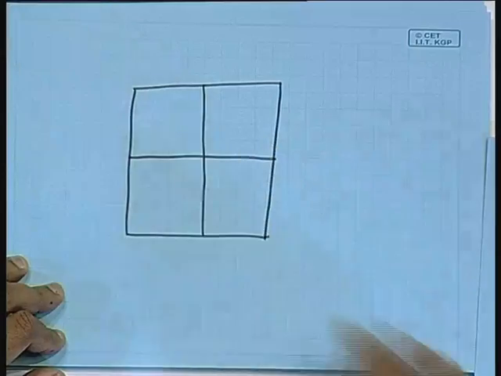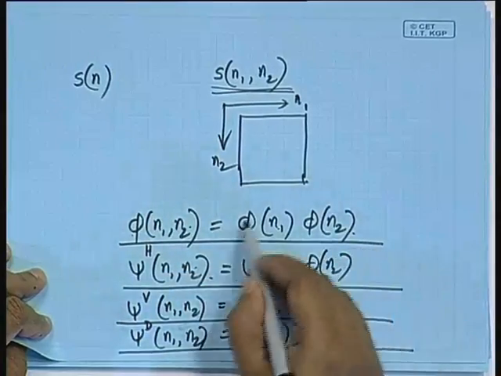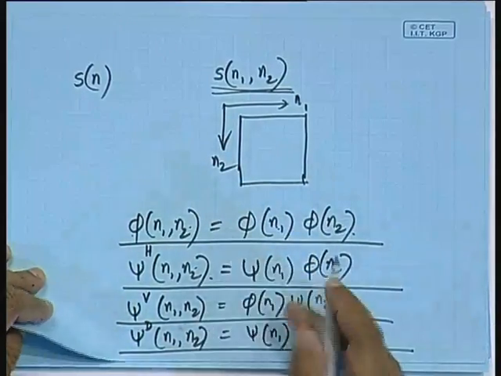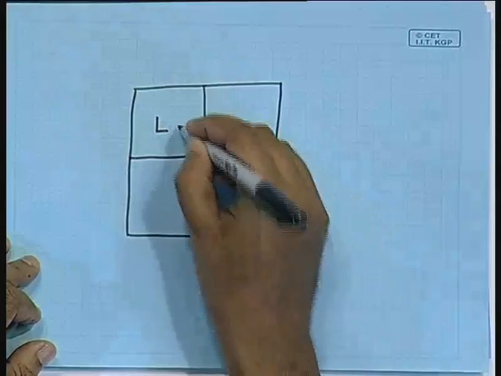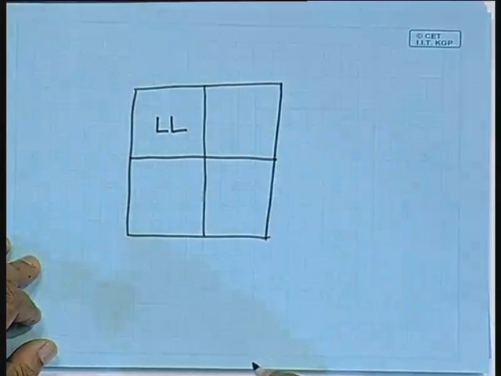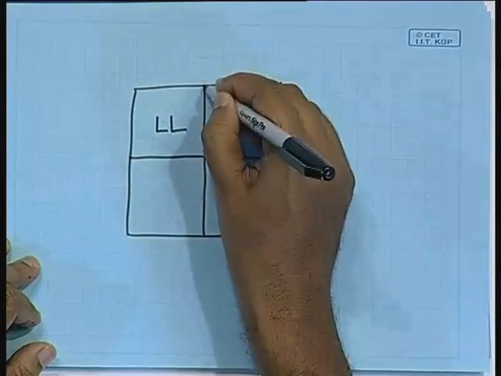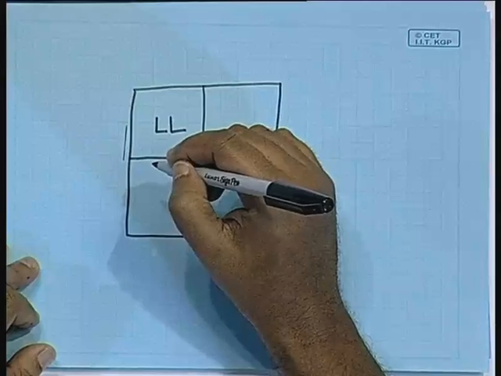In the top left quadrant I represent the image which is low pass filtered horizontally and low pass filtered vertically. I call this LL. LL will occupy only 1/4 of the image space, because it is decimated by a factor of 2 in both the horizontal and vertical directions.